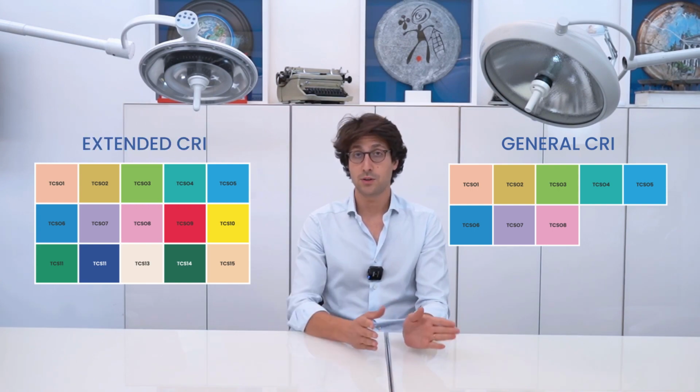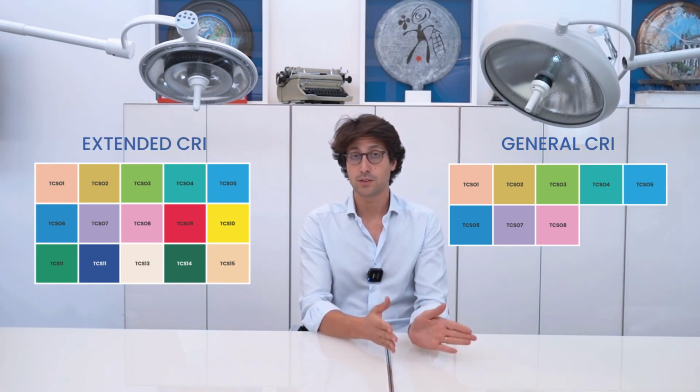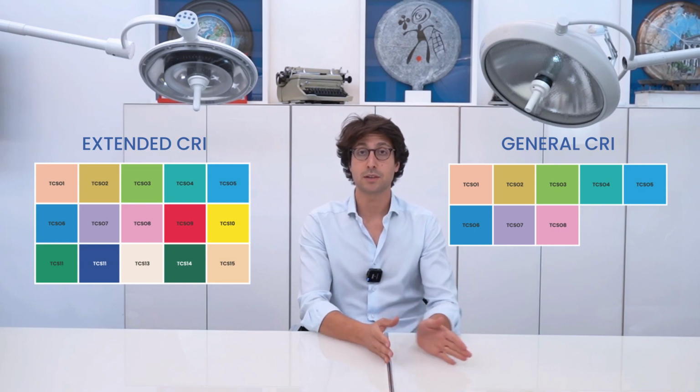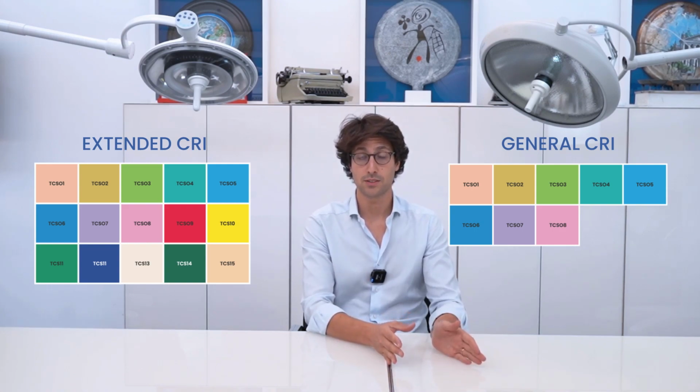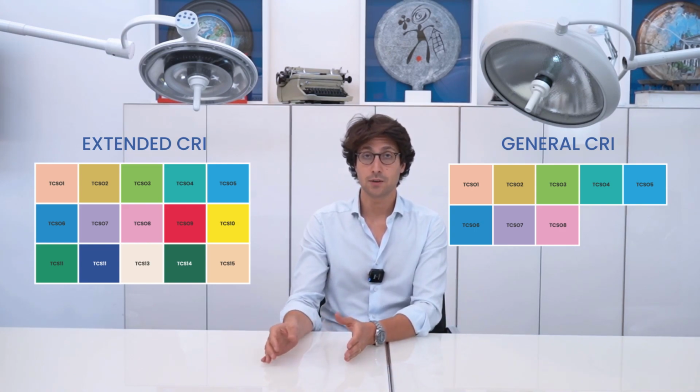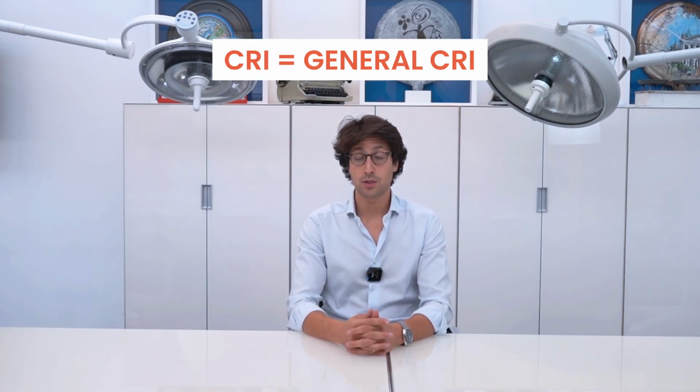The simplified CRI, or simplified color rendering index, is based only on the original 8 samples, whereas the extended CRI is based on the comparison of 15 sample colors. However, whenever we speak of color rendering index, we usually refer only to the original calculation, that is the one based on 8 sample colors.